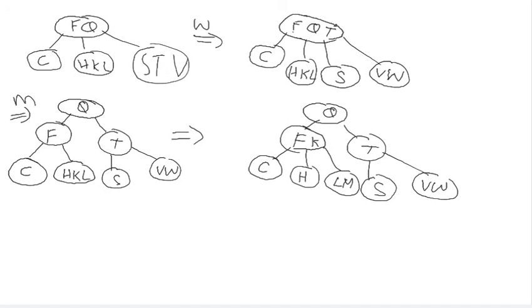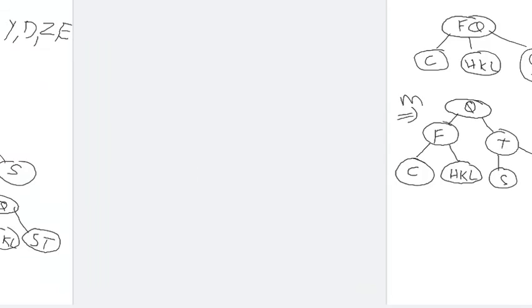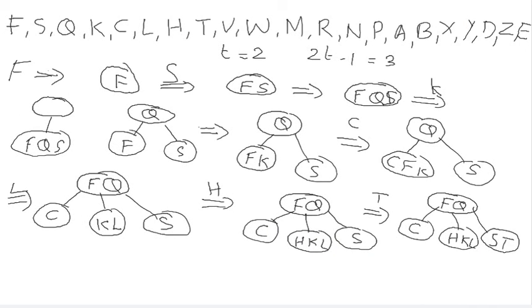Then R. Okay, R. So where will R go? Q, R. Okay, so R will come to the left of this S, that is a non-full node, so it is safe to add.